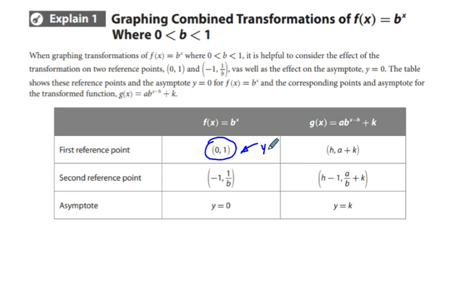The next reference point they suggest is an input of negative 1. So that's going to be your second reference point. Then we translate the reference points to transform the graph of the function.